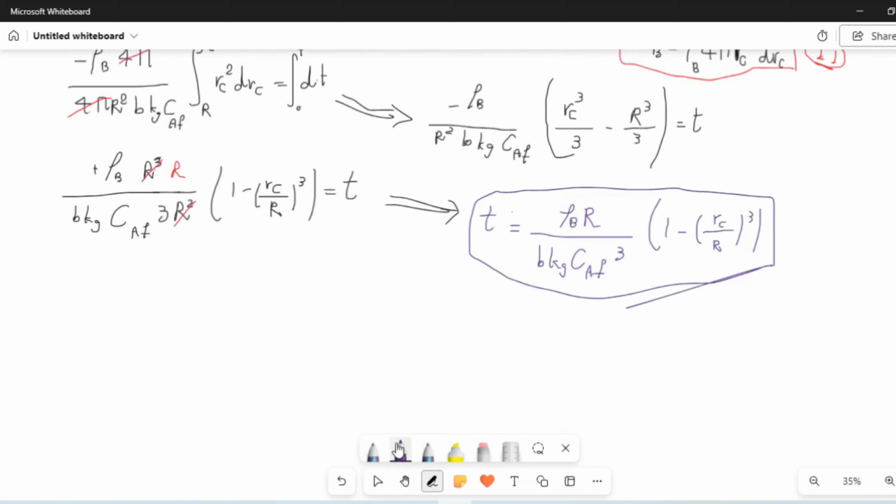Now, let's look at how to determine the solid conversion, which is XB. The term 1 minus XB represents the ratio of the volume of unreacted solid to the total volume of solid. So we can write 4 over 3 pi rc cubed over 4 over 3 pi capital R cubed.